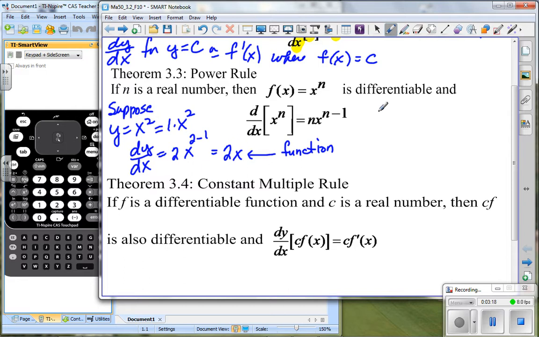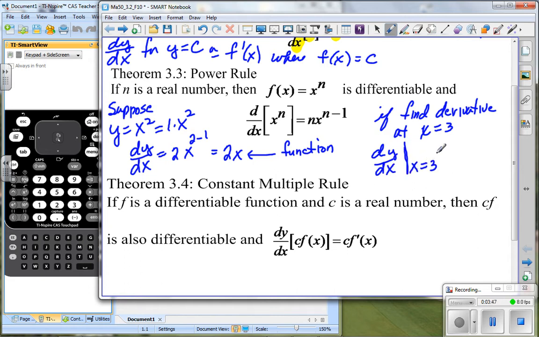So if we want to find the derivative, find the slope of the tangent on this function at x equaling 3, then dy dx, I'm going to use this vertical line here, with the case that x is equal to 3, would be 2 times 3, or 6.